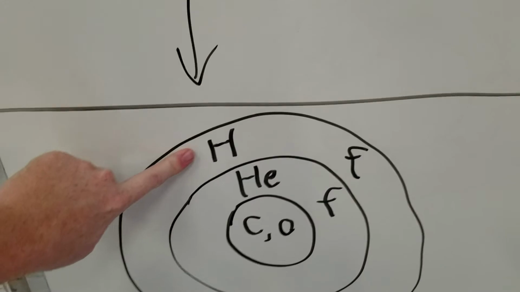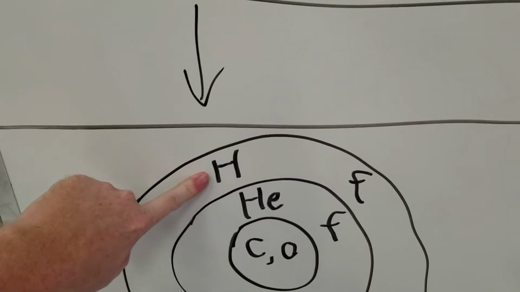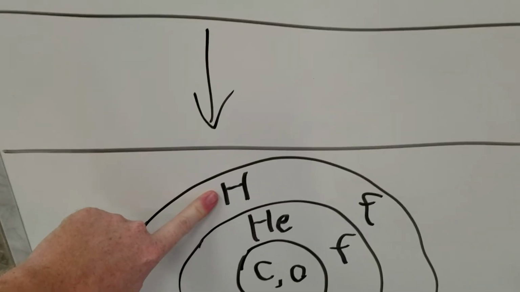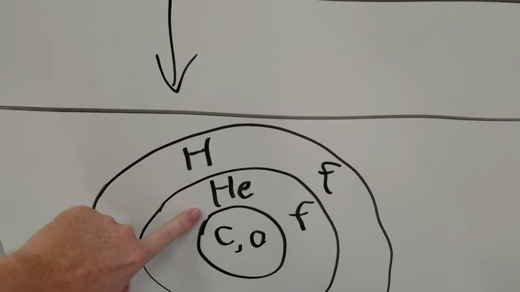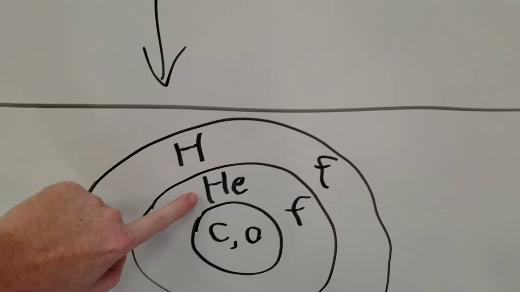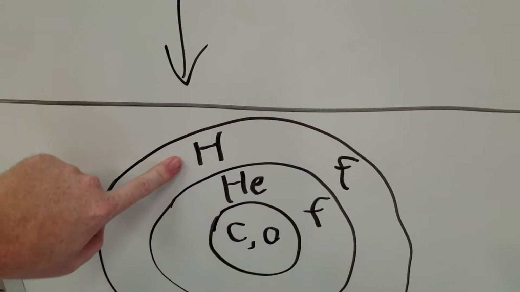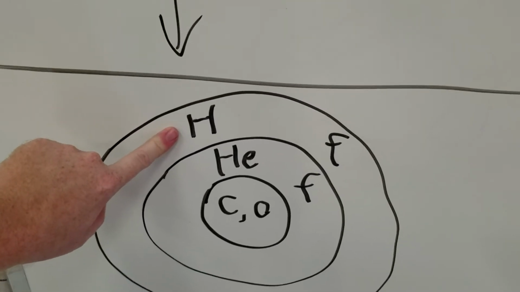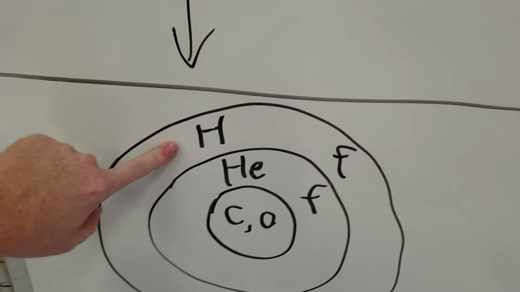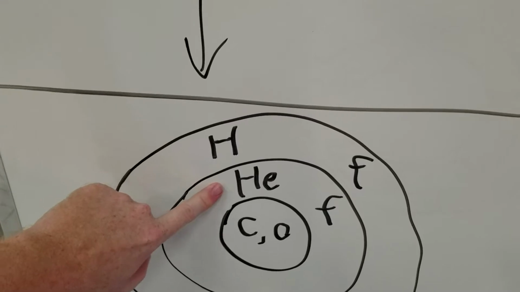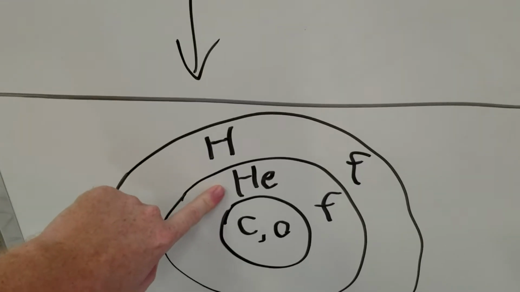However, remember, when we fuse hydrogen out here, we just make more helium. So as soon as this runs out, the extra temperature will make the hydrogen shell make more helium. When it makes more helium, it refills the helium shell so it can turn back on.